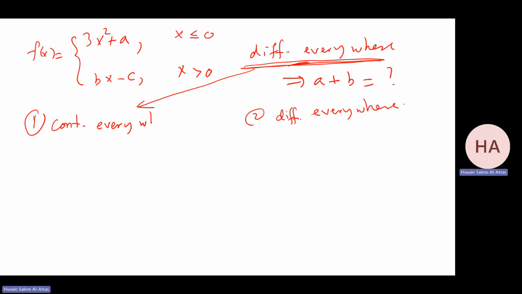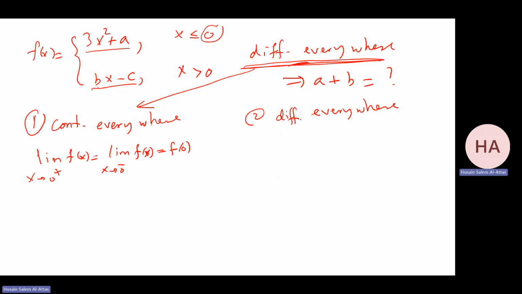If it is differentiable, it's continuous. Continuous, I know how to deal with it. These two functions are two smooth functions, so I need to check at 0. So it means the limit as x goes to 0 from right equals the limit as x goes to 0 from left, equal to f at 0.